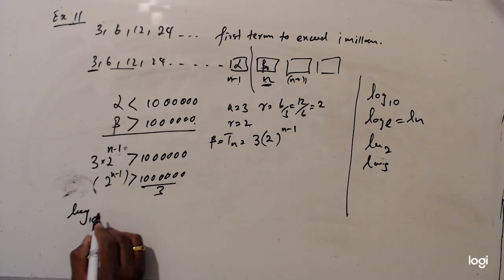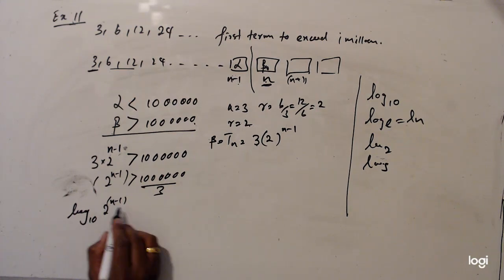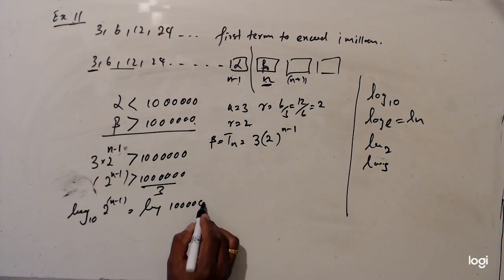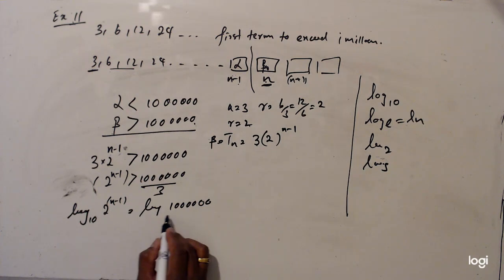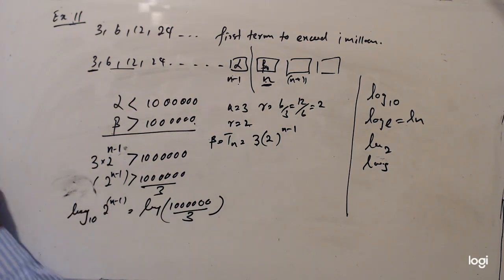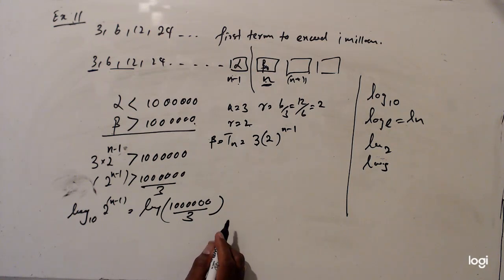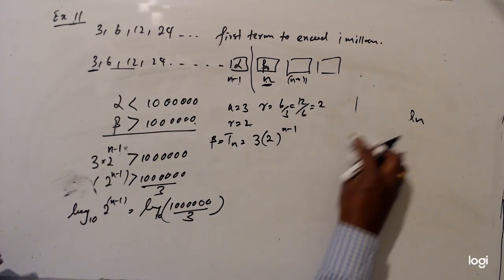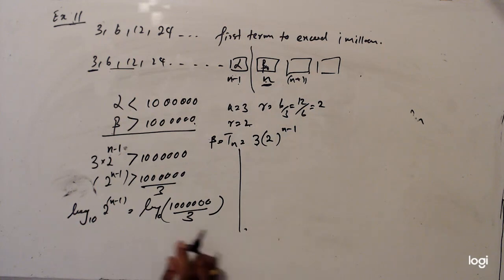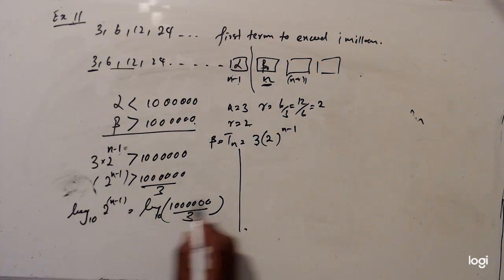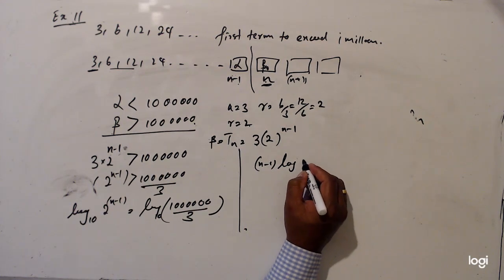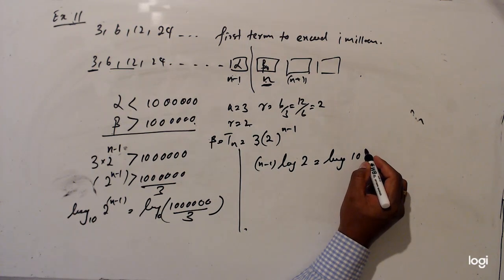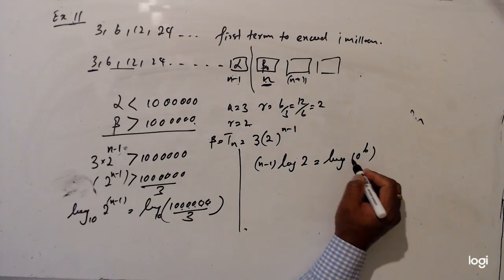Then we have to take the other side as well. Log 10, usually we don't write the base, and log of 1 2 3 4 5 6, 10 to the power 6.